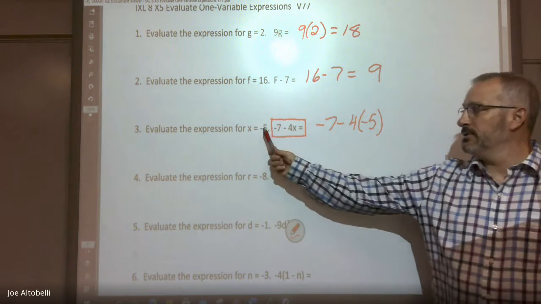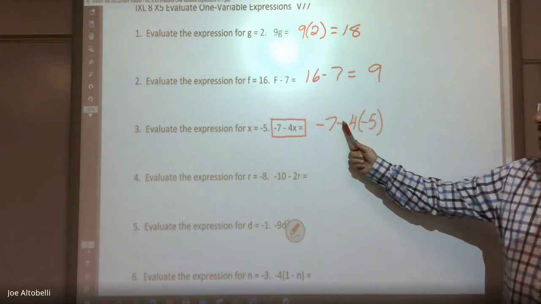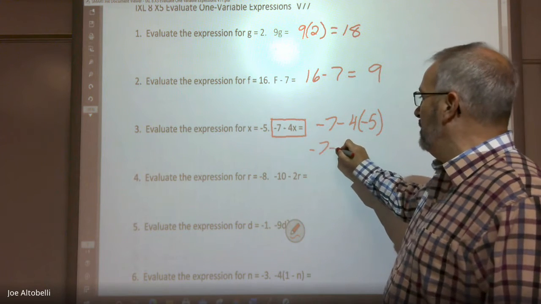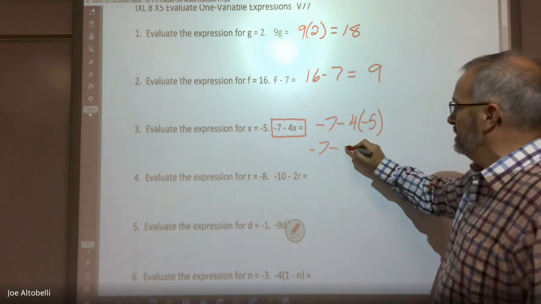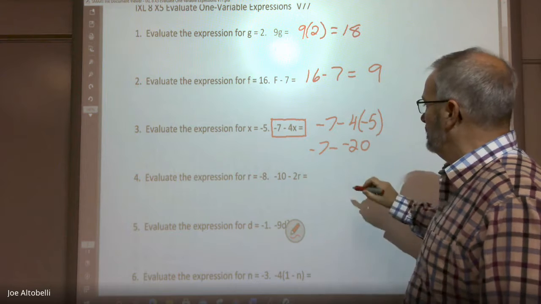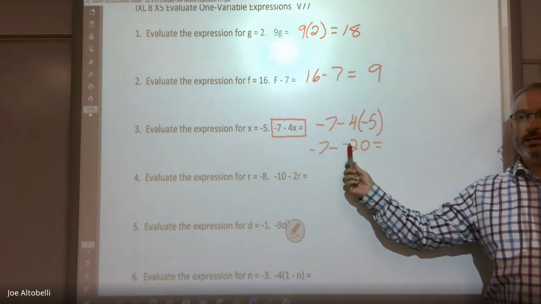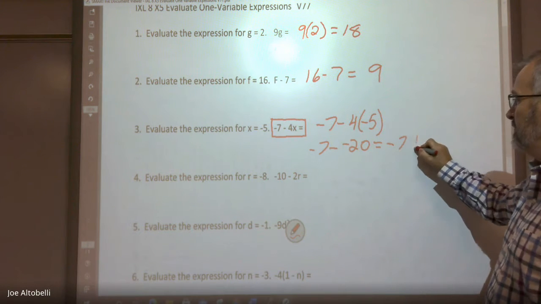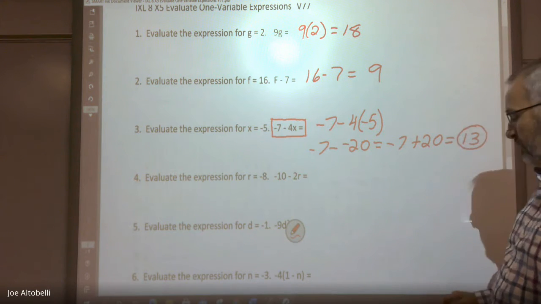You're going to substitute the negative 5 in for the x. I multiply before I subtract, so that's going to be a negative 7 minus, and then this is a negative 20. Minus a minus, we write it as plus, so this is a negative 7 plus 20, which is 13.